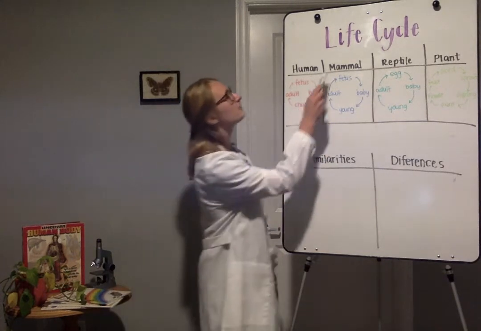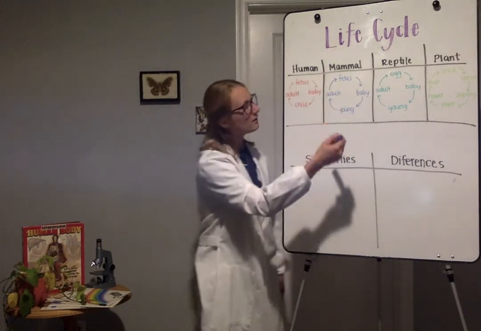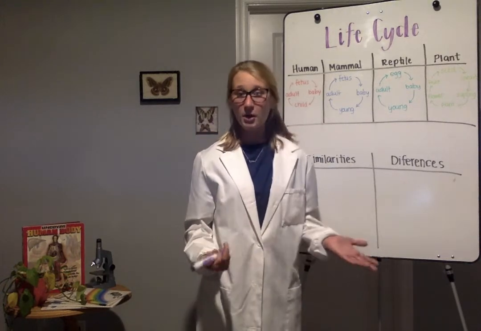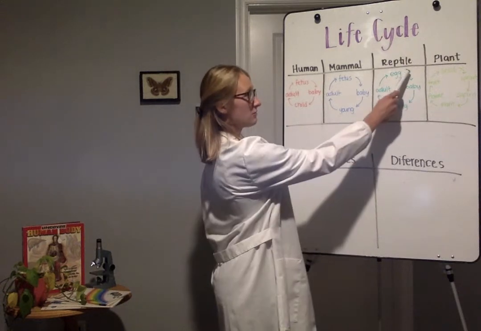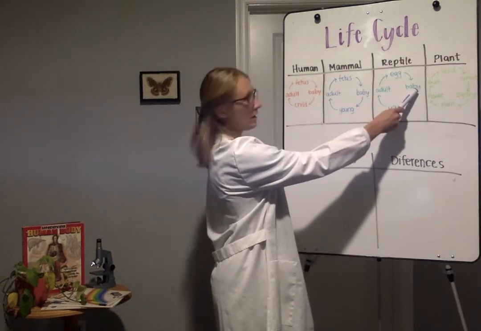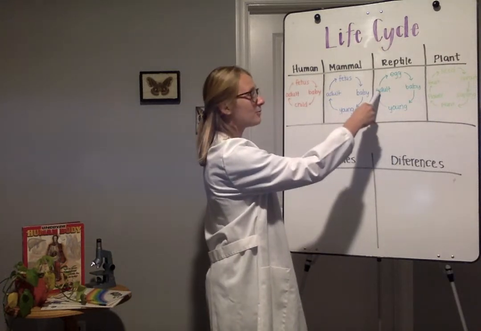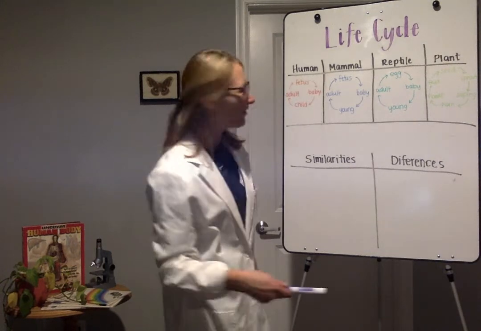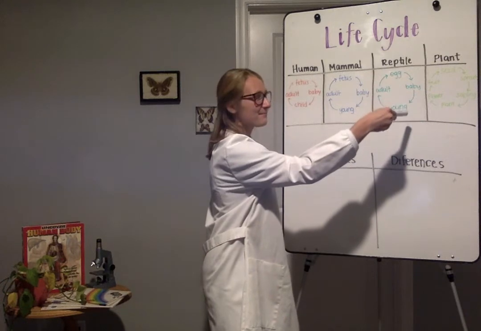Again, the cycle repeats over and over and over. Then we move into other animals like reptiles or birds who lay eggs. Eggs hatch to have a baby animal. The baby animal turns into a young animal, and that young animal becomes an adult who can also lay eggs. It's a cycle. It repeats over and over and over.